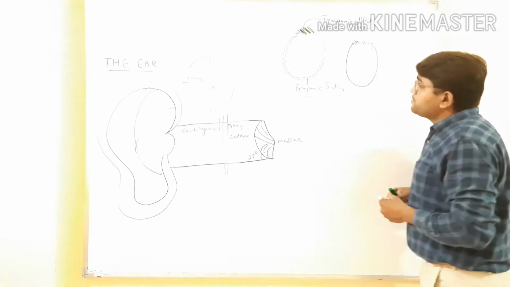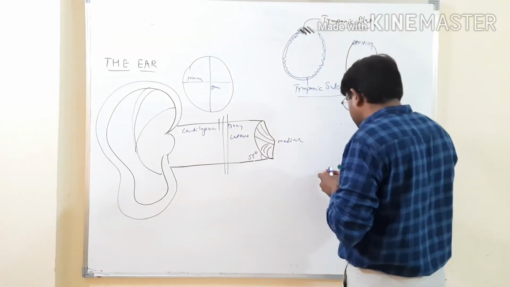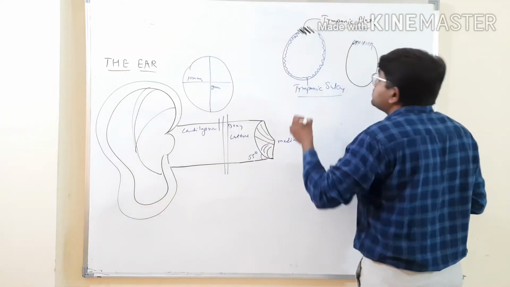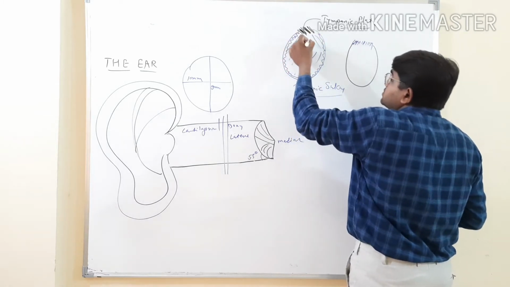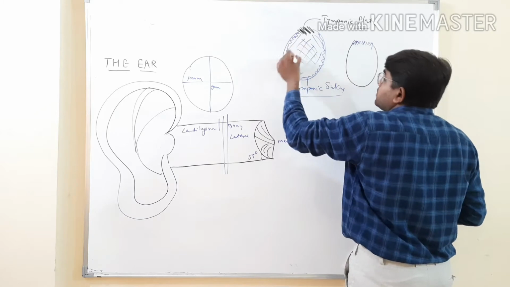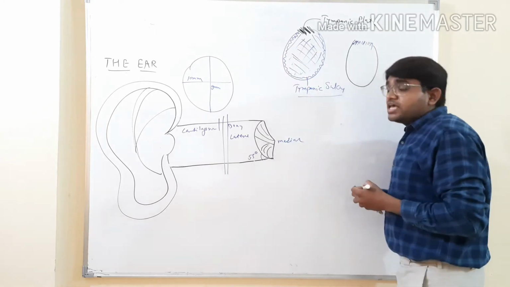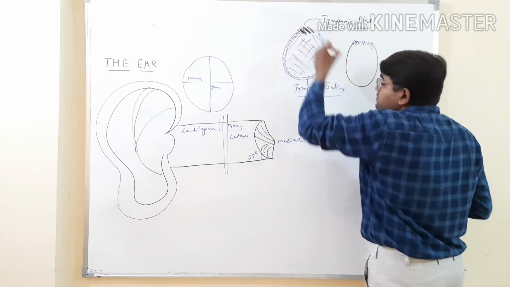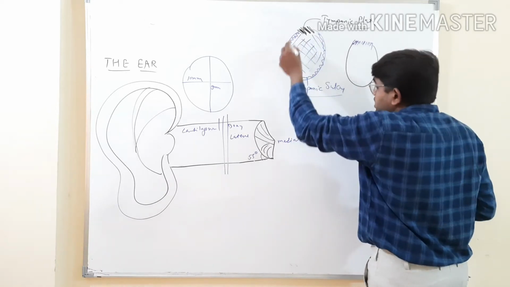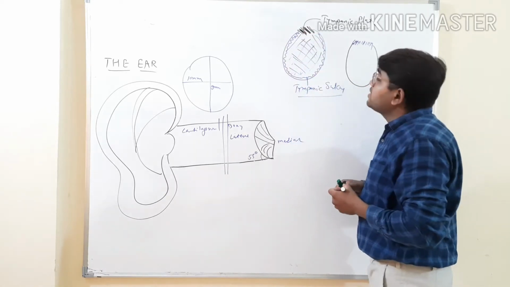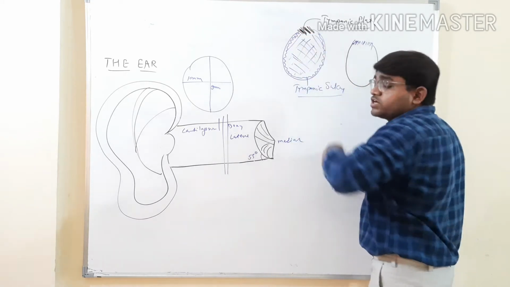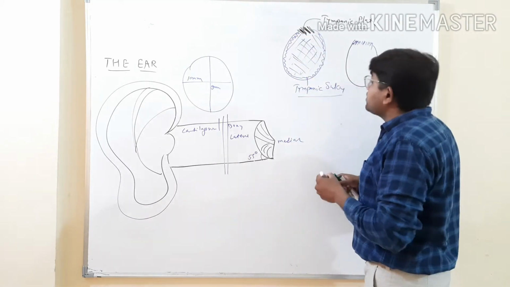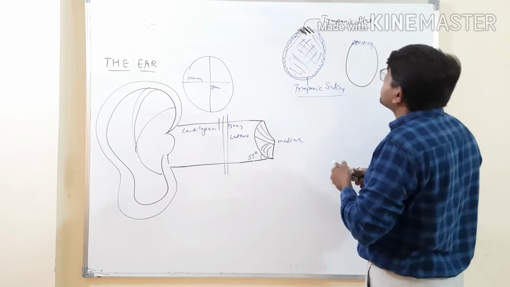So the tympanic membrane is attached with this sulcus, which is deficient from the superior side. Because the sulcus is deficient on the superior side, the superior part being formed by the tympanic plate, the tympanic membrane is also deficient from the superior side.